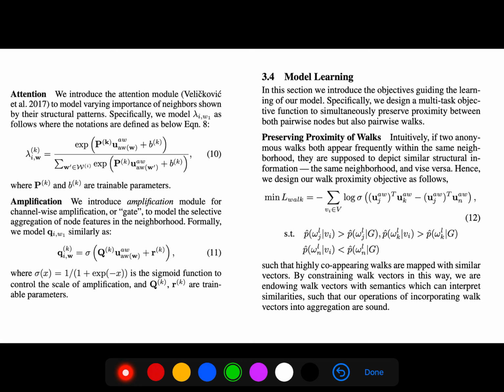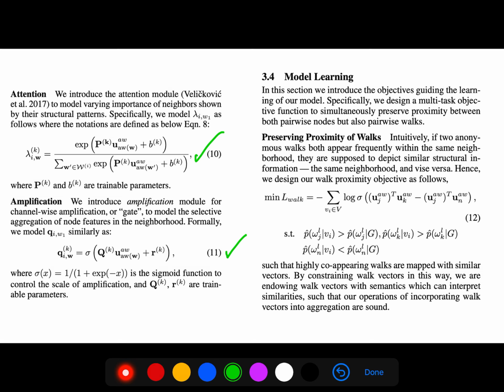And then we introduce this attention module to model varying importance of neighbors. Also, they use this amplification module for channel-wise amplification or gate to model selective aggregation of node features.